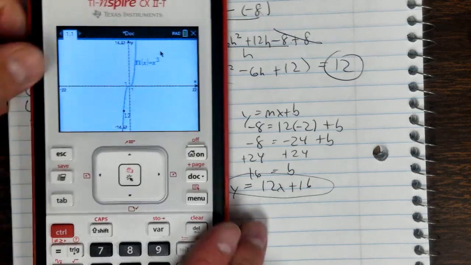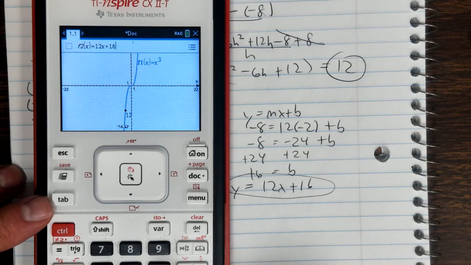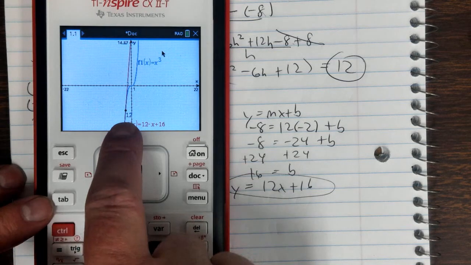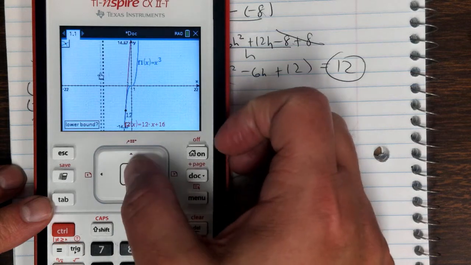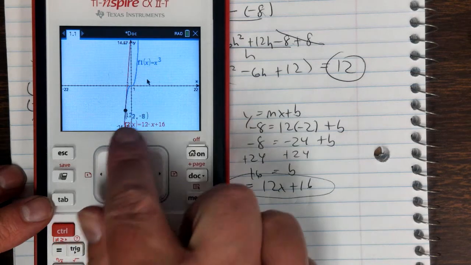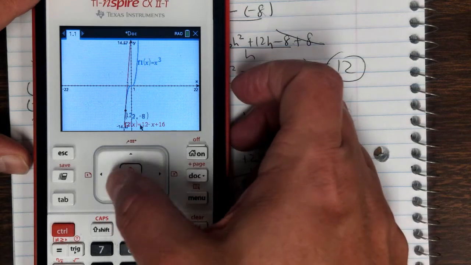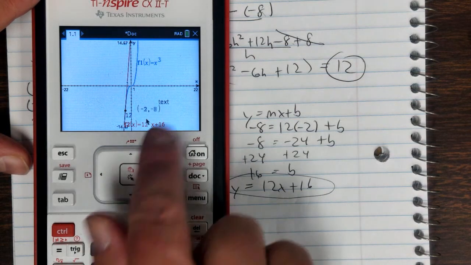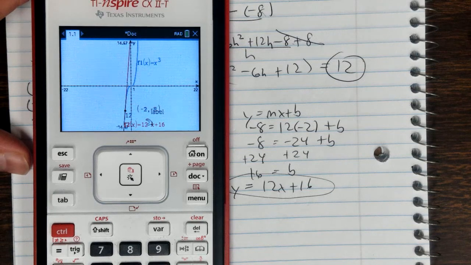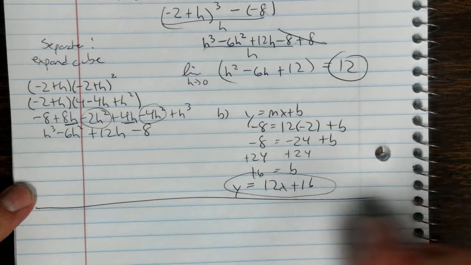And again, to double check that, press tab and do 12x plus 16. It looks like it's right, and when we do the intersection, we should end up getting the ordered pair negative 2, negative 8. And we do. Okay, so that's number 9.